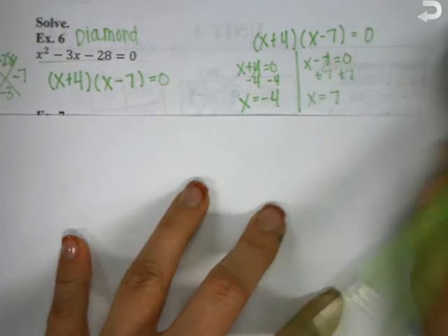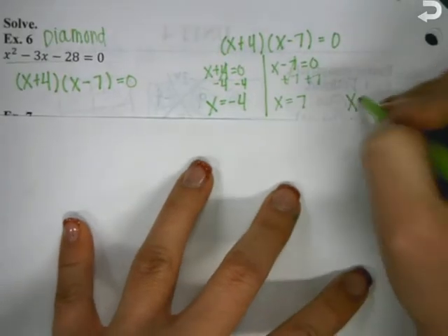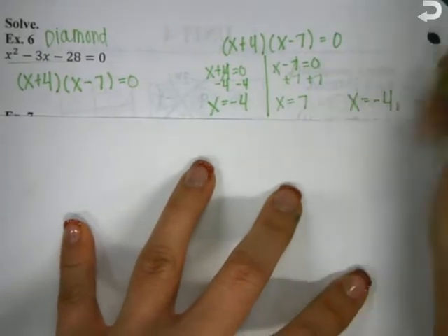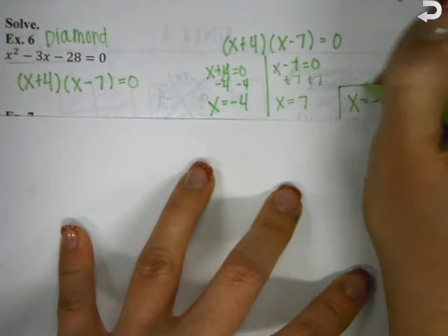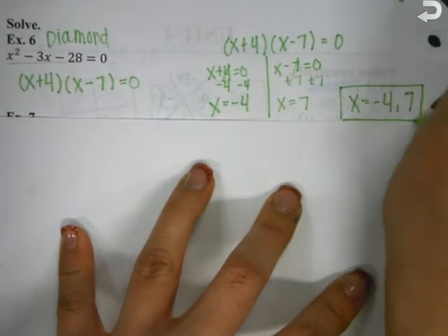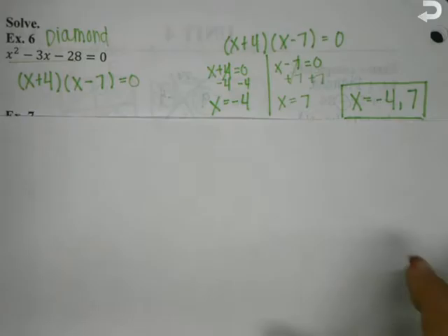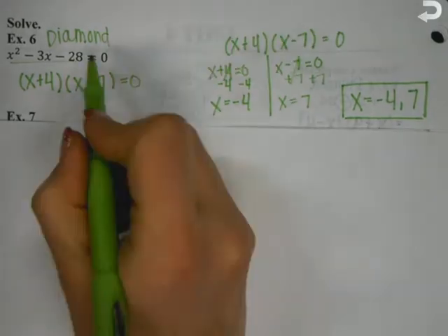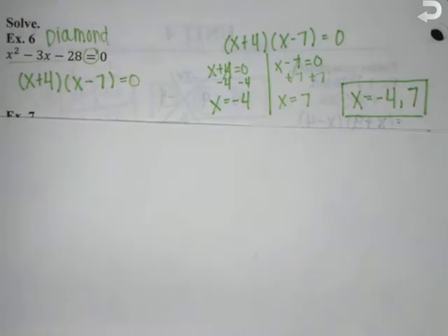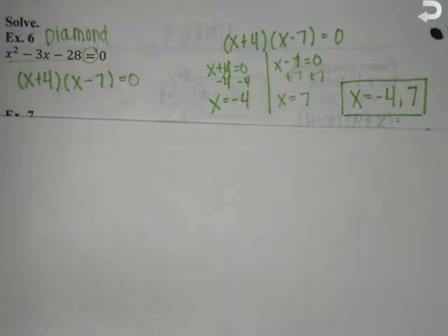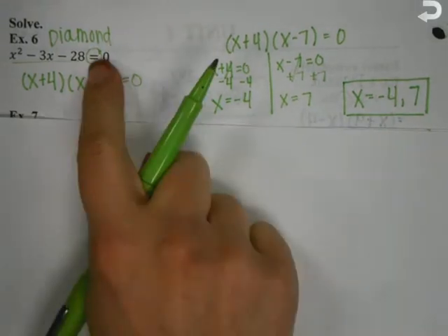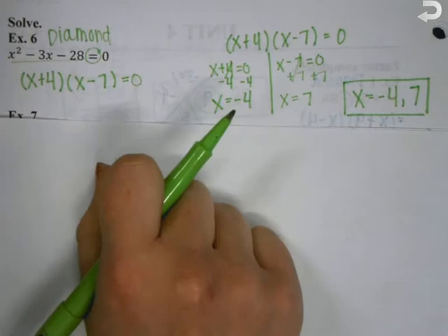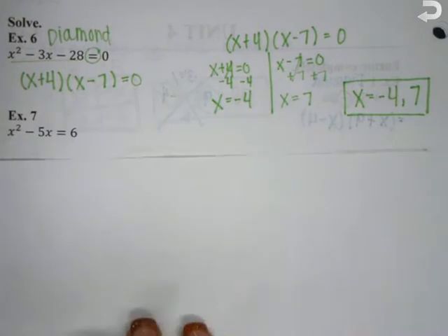Now remember, we can only do this if the problem has an equal sign in it from the beginning. We can't just set it equal to 0 if there's no equal sign to begin with. What if it's equal to a different number? Instead of x plus 4 equals 0, you'd put x plus 4 equals 6? No, we do not.